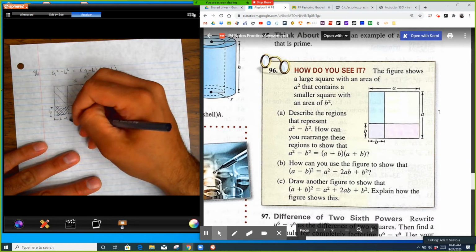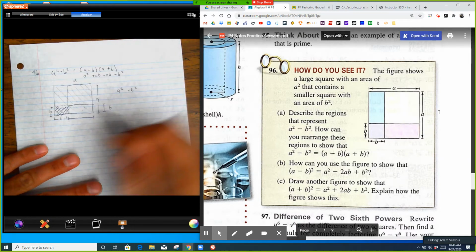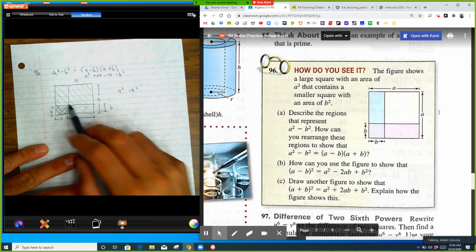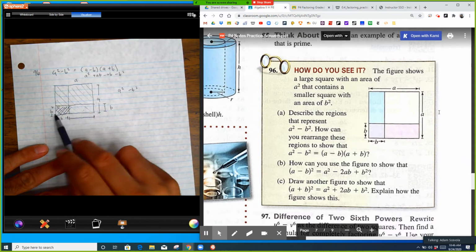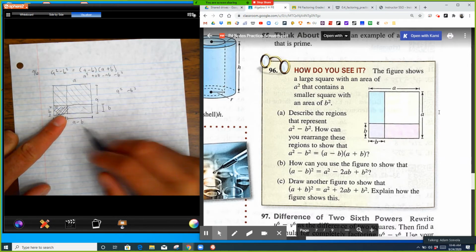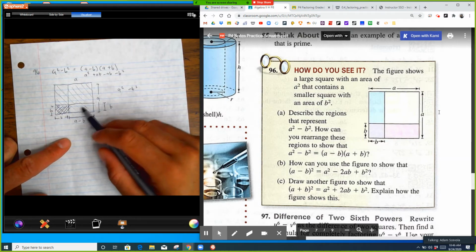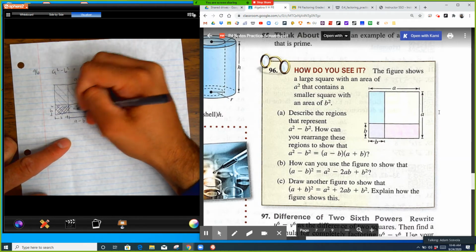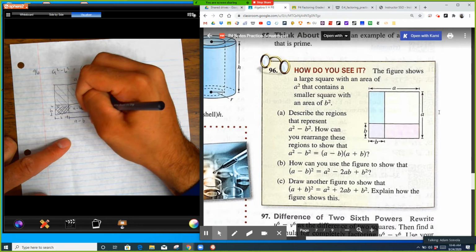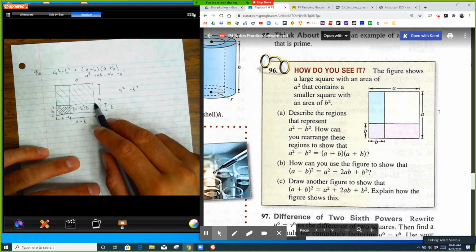And this part here, from here to here, is going to be A minus B. So this whole side here is A, you subtract B, so you have A minus B. So if we were expressing the area of this rectangle here, we can write it as A minus B times B. Right, so this length times that length.